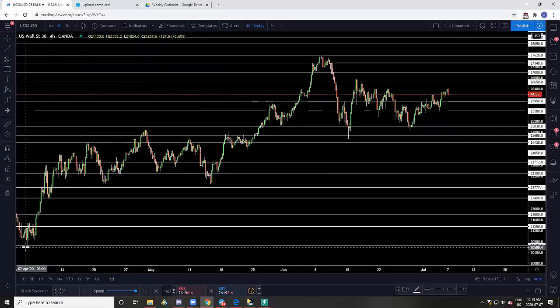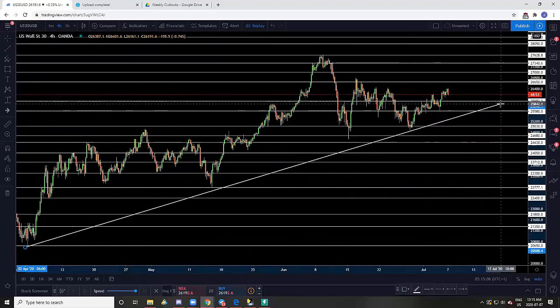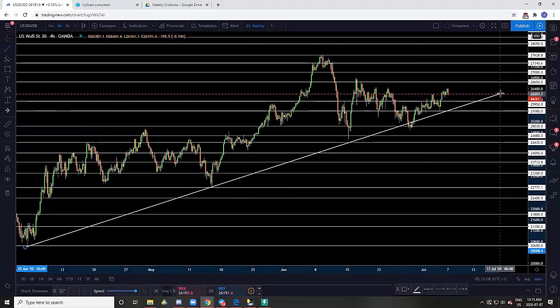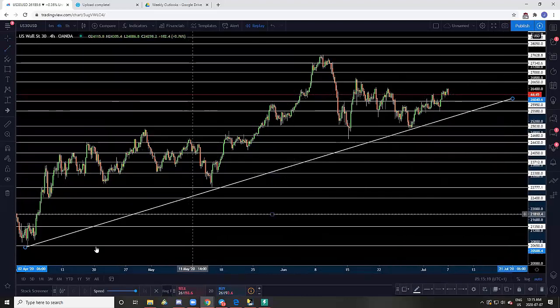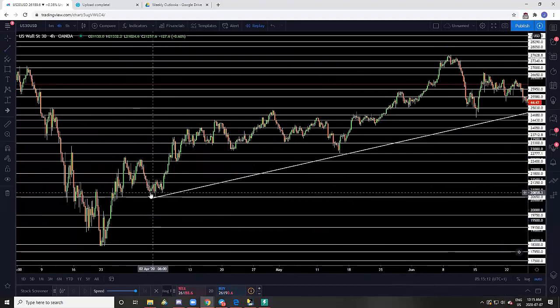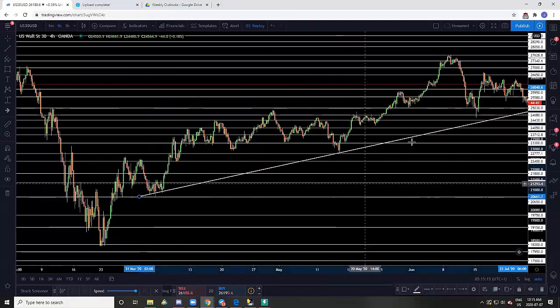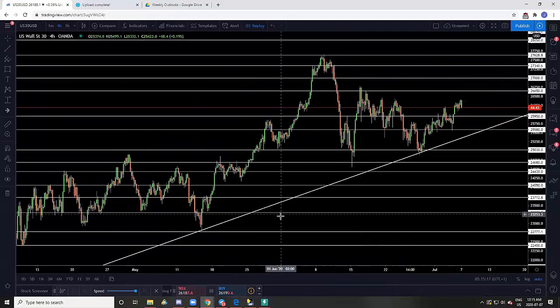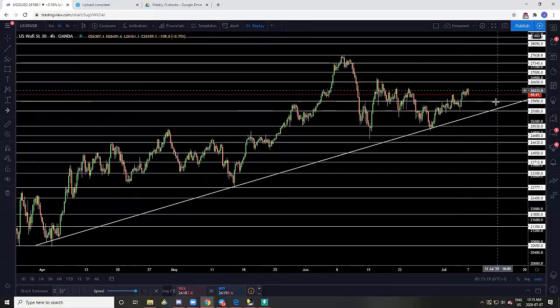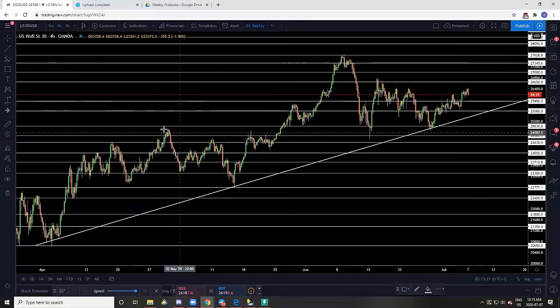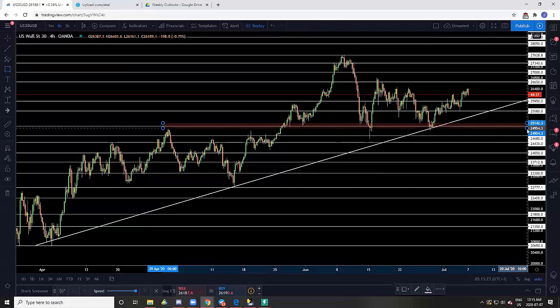I want to note this overall bullish market structure, where unless we have mass market fear and a break below 25K, I don't see any safe sells on Dow Jones.